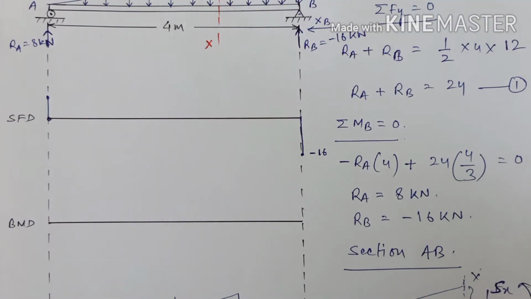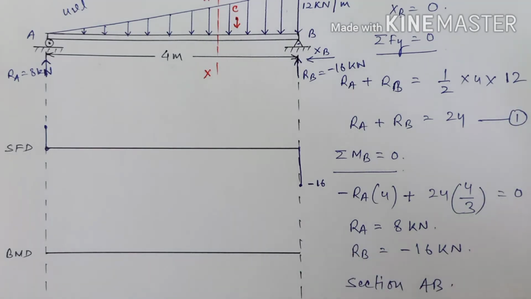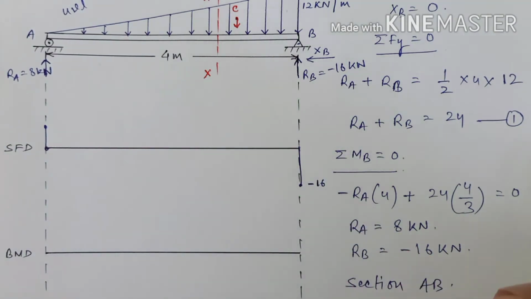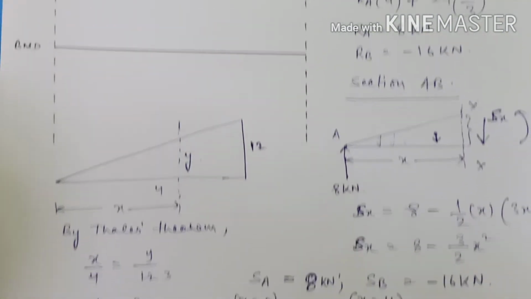In my first problem, I discussed the point of contraflexure. The point of contraflexure is a point on the beam where the value of the bending moment becomes 0. Here we have to find the point where the value of shear force becomes 0, which is called the inflection point. So here we have to find the inflection point.